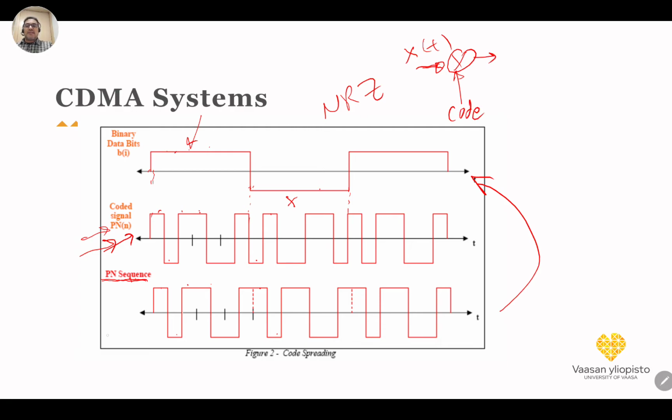Then we generate this signal. On the receiver side, if this result is y of t, we simply multiply it by the same code, then we will generate x of t.